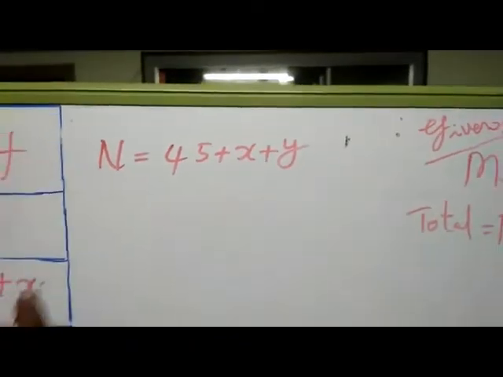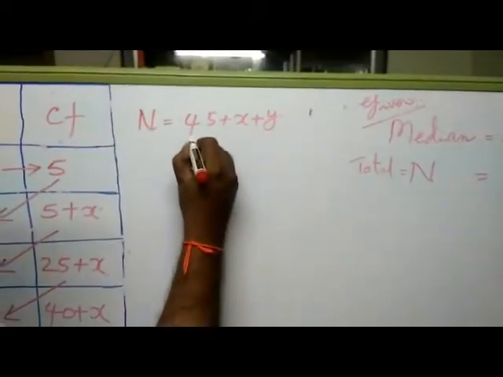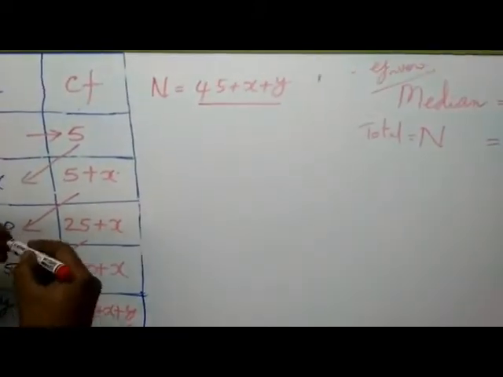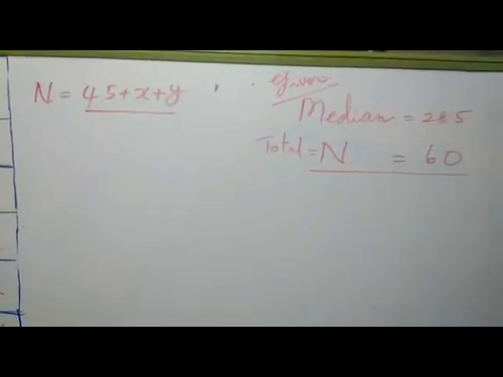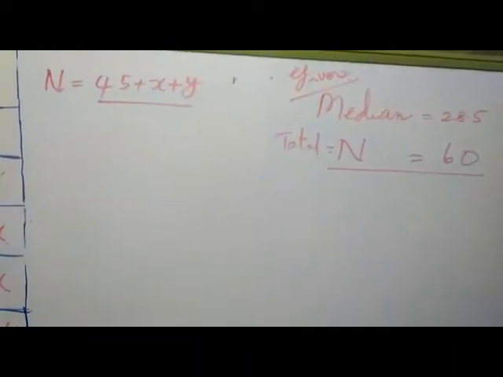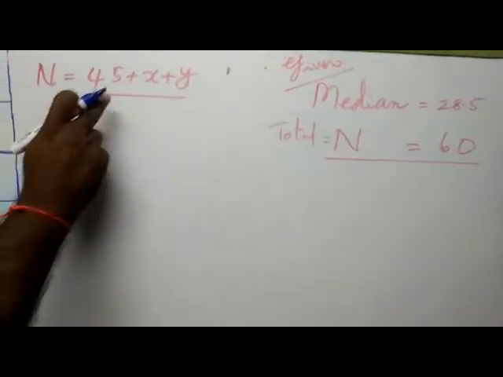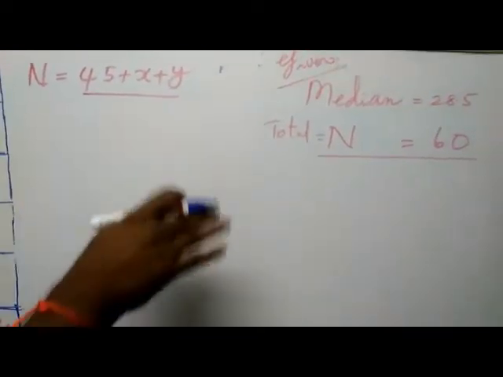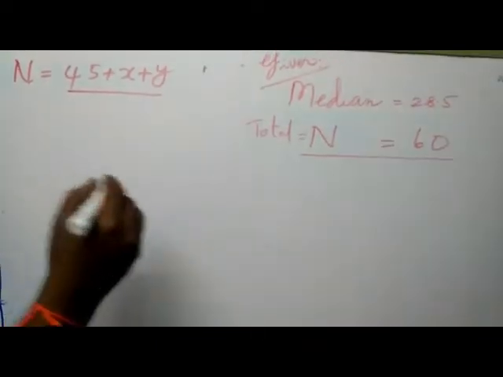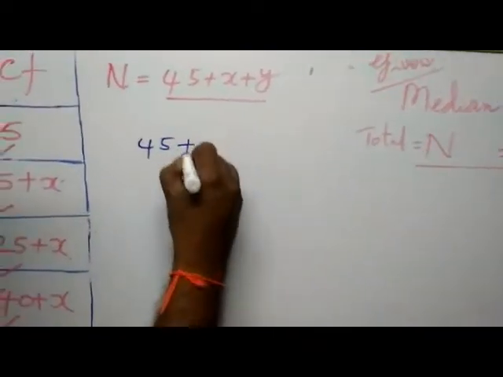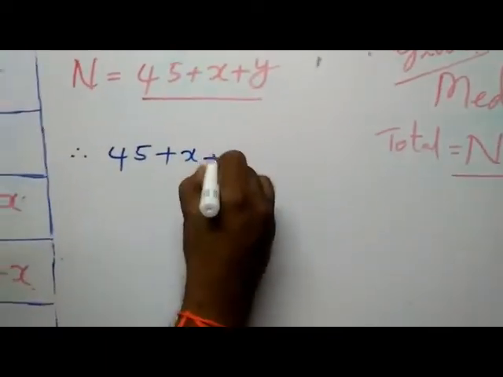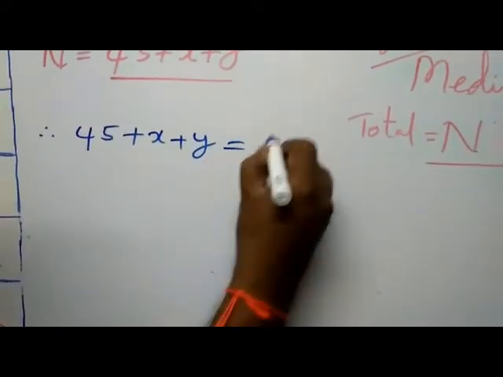Before, I got n is equal to 45 plus x plus y. Here n is already given as 60. The sum of the frequencies is 45 plus x plus y, and it is given that the sum is 60. Therefore 45 plus x plus y is equal to 60.